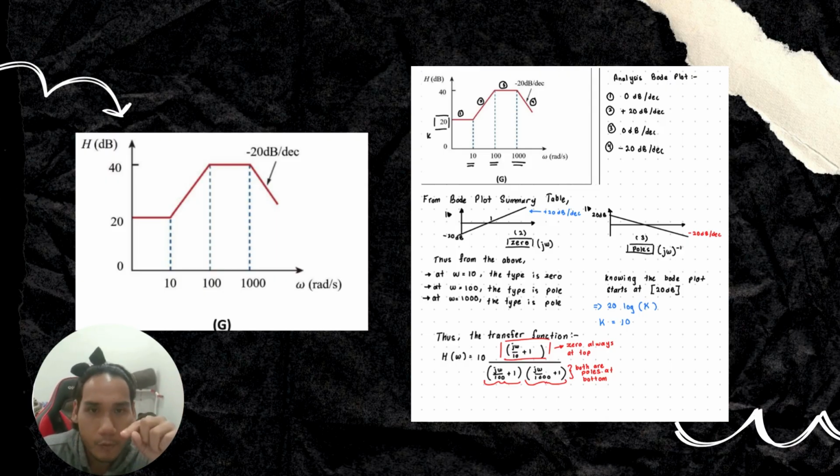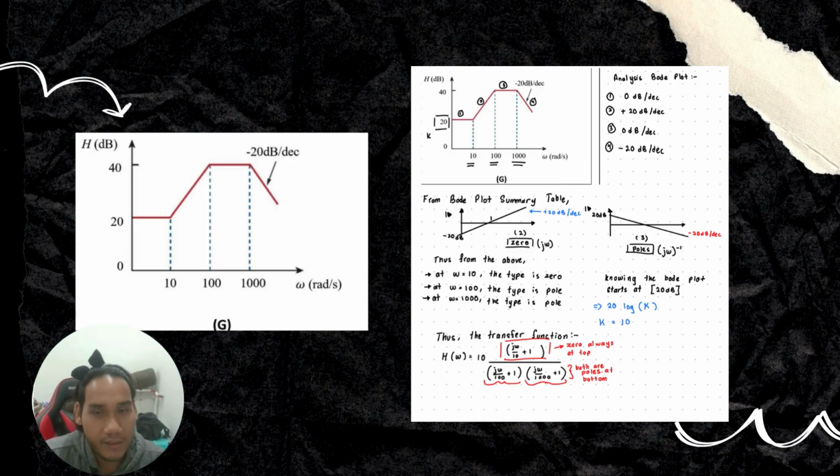So a simple pole starting at 100 radians per second. And for the last region, at 1000 radians per second, it is also decreased by 20 dB per decade. So it is also a simple pole at 1000 radians per second. Thus, we know that it doesn't have any other zeros or poles, it just has a gain, k.